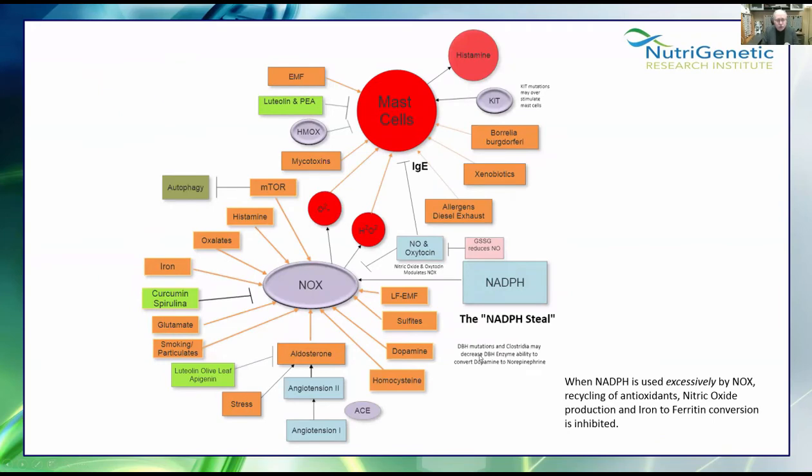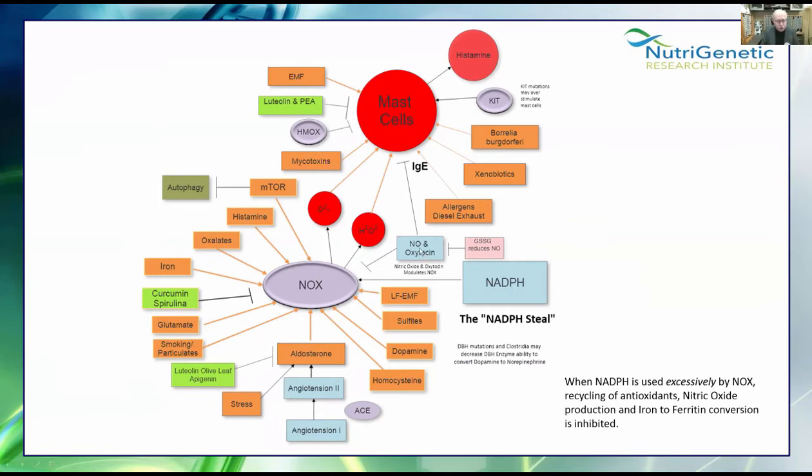Now, this is an important chart, and perhaps we can include this as a PDF with this webinar. This is a chart the Nutrigenetic Research Institute made, and here it shows the NOX enzyme, and when it's stimulated, it will create superoxide to stimulate the mast cells. Again, a good thing when we're faced with a virus or bacteria.